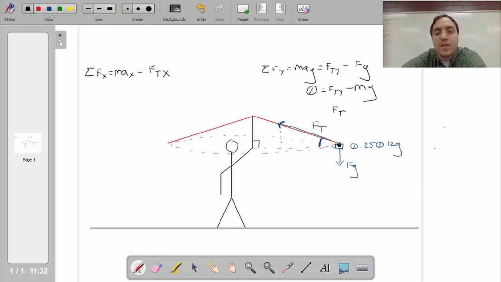In other words, my Ft in the y direction will equal m times g. And in the x direction, because I'm moving in a circle, m v_t squared over r equals Ft x.